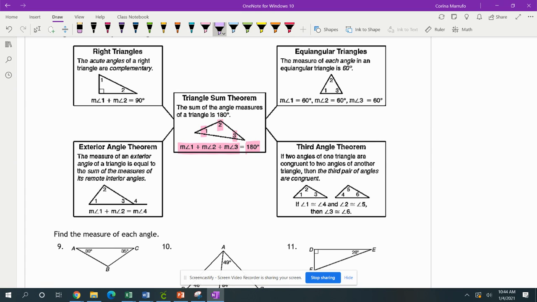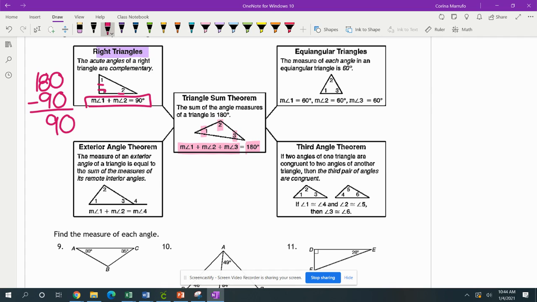Here we look at our special cases. We know that one of the angles in a right triangle is always 90. Well, if the three angles should add up to 180 and one of them is already 90, when we do 180 minus 90, that gives us 90. So the other two angles should always add up to 90.